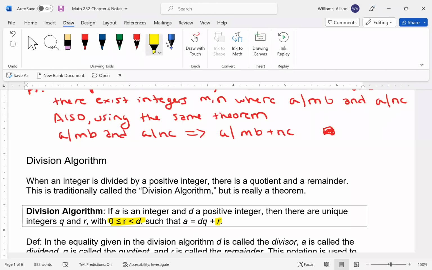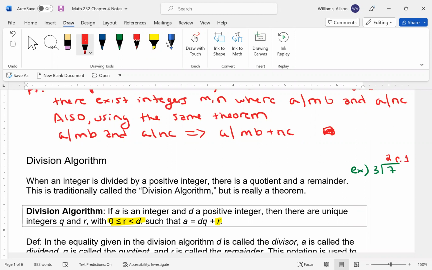So real quick, let's say I'm trying to divide, let's do 3 into 7. Okay, so 3 goes into 7 2 times with a remainder of 1.